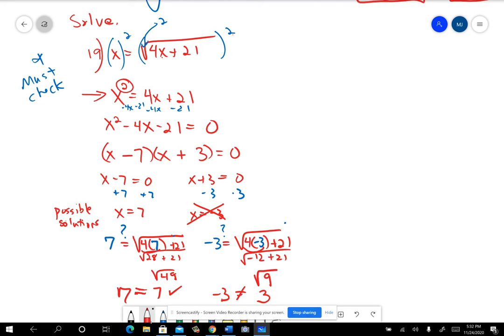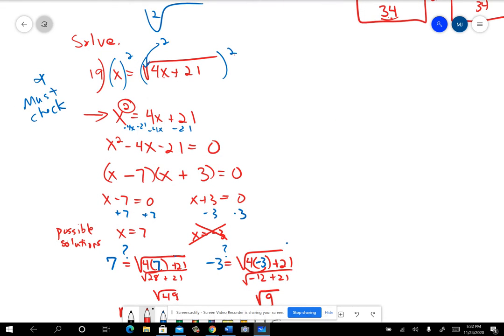Now, sometimes these will both check. Sometimes one checks, but the other one doesn't. And it's not always the negative one. So the possible solutions were 7 and -3, but -3 didn't work in the original problem. The original problem, before we squared both sides, was x equals the square root of 4x plus 21.